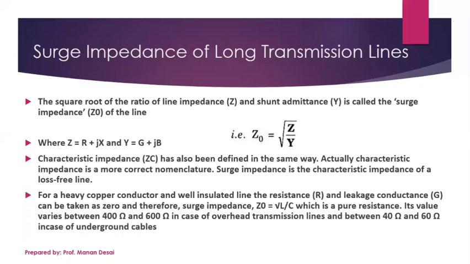For a heavy copper conductor and well-insulated line, where the losses are negligible, the resistance R and leakage conductance G can be taken as 0.